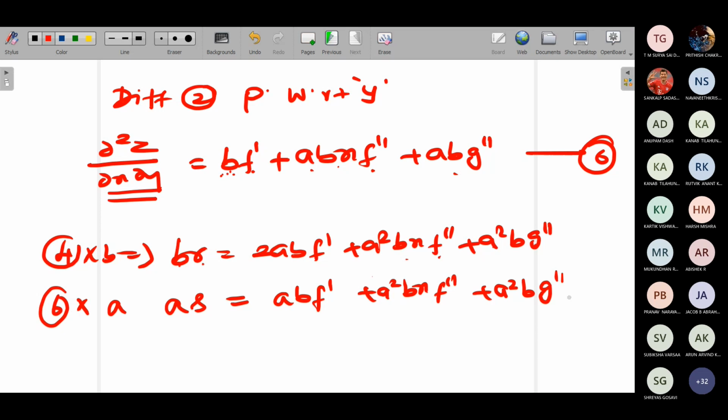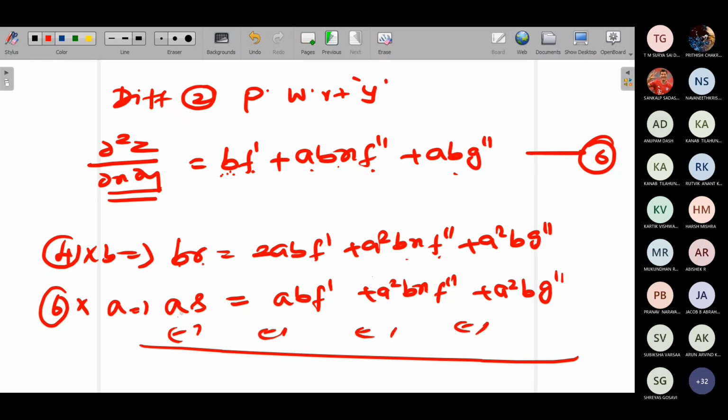Same terms will get cancelled, right? When I subtract this, I'll get br minus as is equal to ab into f dash. This term will become 0. This term will become 0, same term.